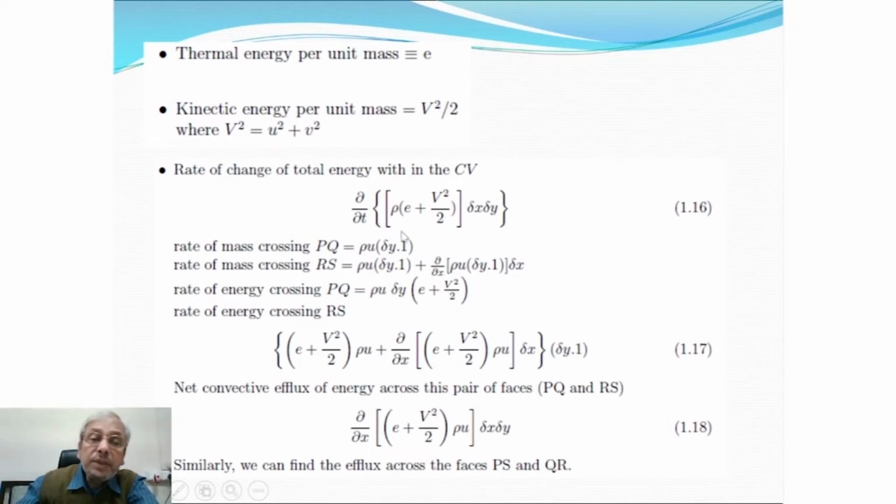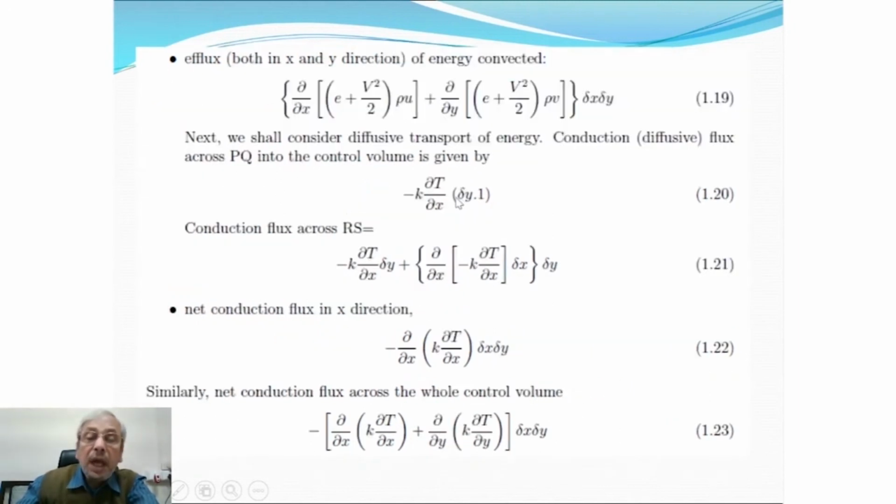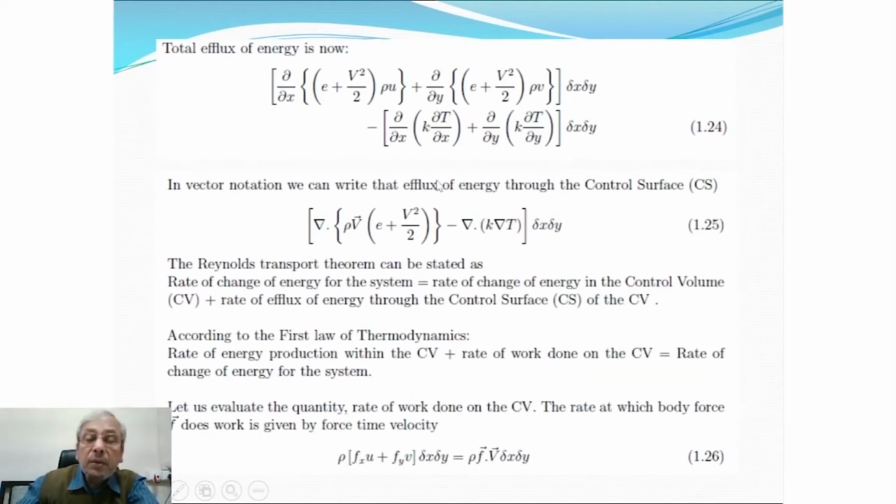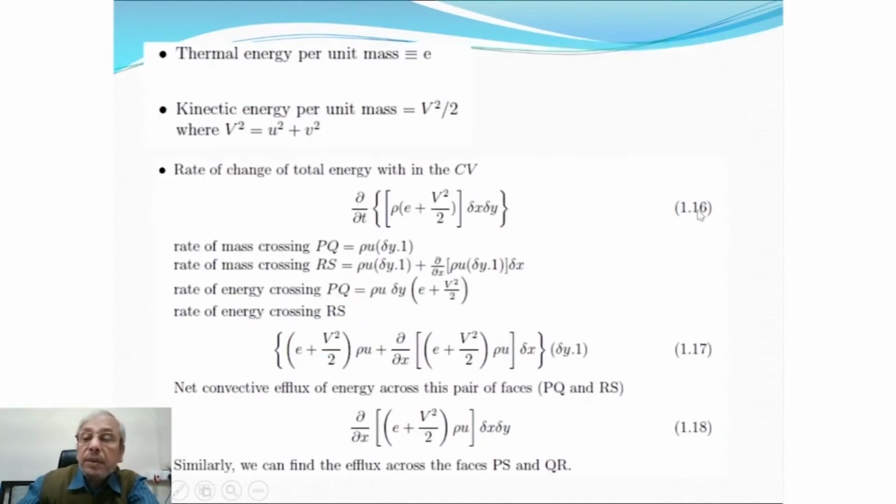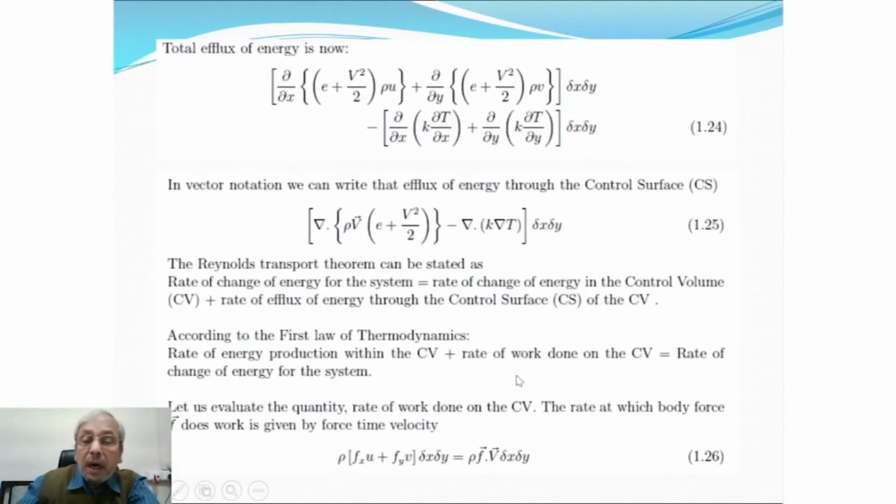That means if we reconsider Reynolds transport theorem, the rate of change of energy for a system is the rate of change of energy in the control volume, the time rate of change of energy given by equation 1.16, plus the rate of efflux of energy through the control surface, given by 1.24 or 1.25.